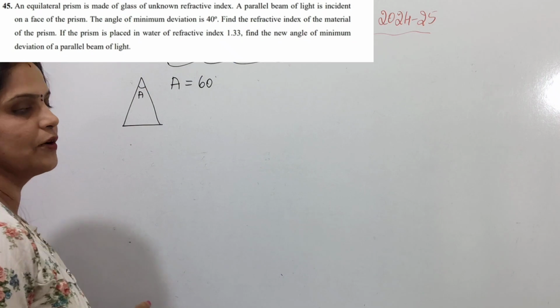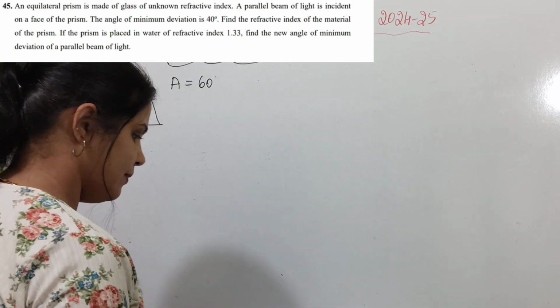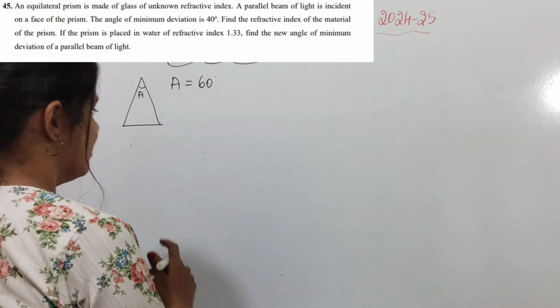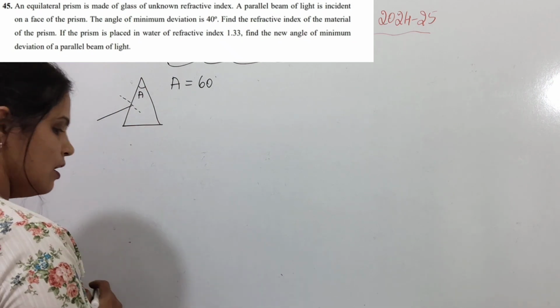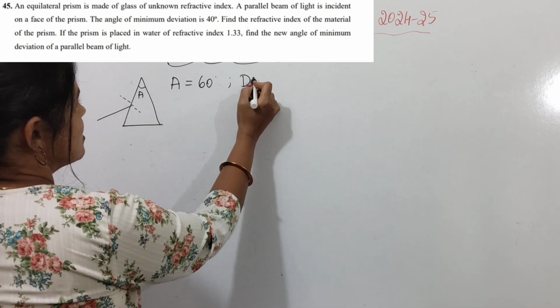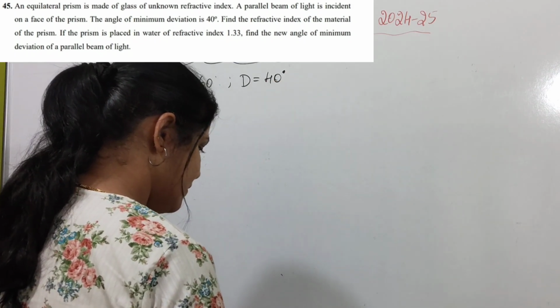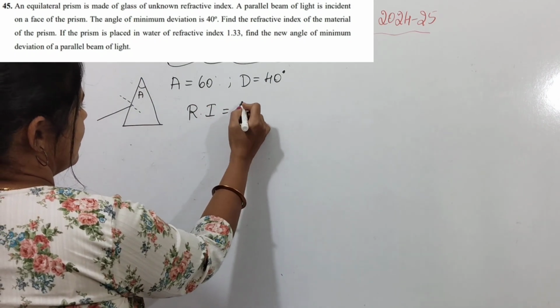That is the first point you have to remember. Angle of prism or refracting angle is 60 degree. Here, a parallel beam of light is incident on one face of the prism. The angle of minimum deviation is 40 degree. D is given as 40 degree. Find the refractive index of the prism. What is the formula to calculate refractive index?